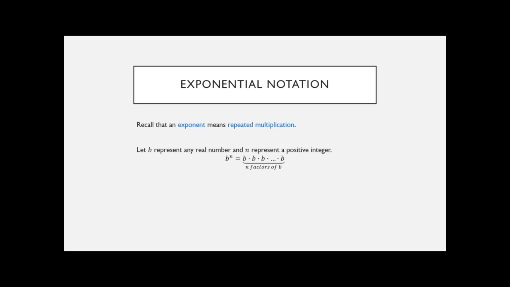So 2 to the 4th power, I write that in here. So like 2 to the 4th would mean that you have 4 2's multiplied together. So this understanding of what exponential notation means is going to help you understand the rules for exponents and why the rules are what they are.